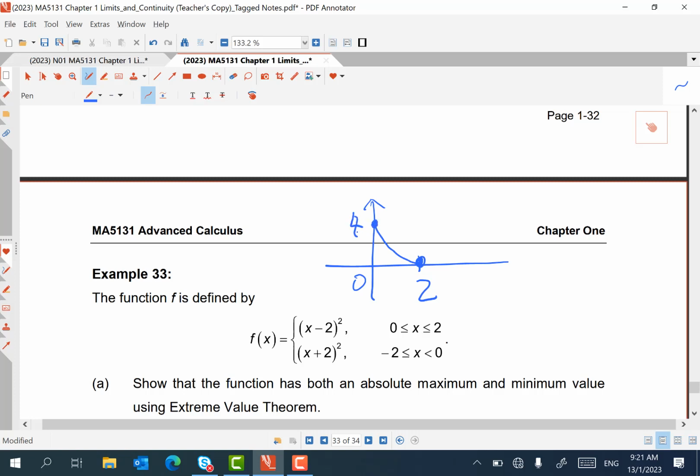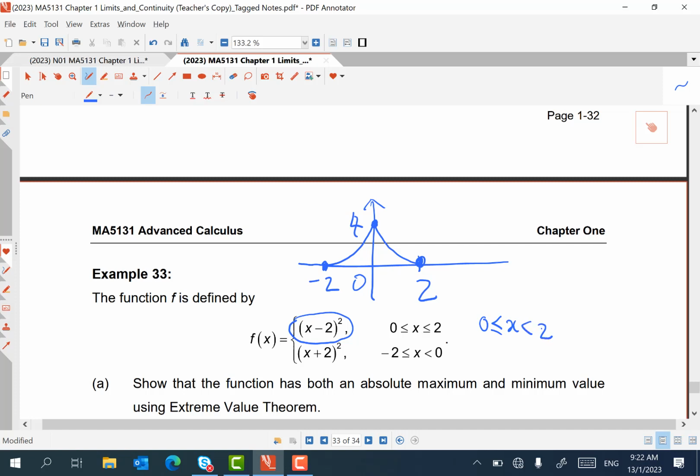And then between -2 and 0 is like that, I believe. Now, for a piecewise function such as this, you can safely say that this part of the function is continuous over the interval from 0 to 2, for sure.